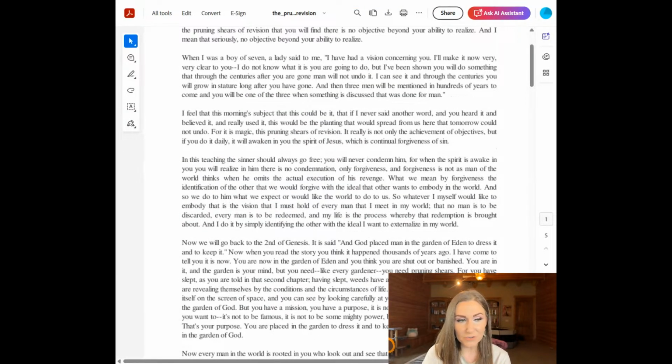In this teaching, the sinner should always go free. You will never condemn him. For when the Spirit is awake in you, you will realize in him that there is no condemnation, only forgiveness. And forgiveness is not as man of the world thinks, when he omits the actual execution of his revenge. What we mean by forgiveness is the identification of the other that we would forgive with the ideal that the other wants to embody in the world.